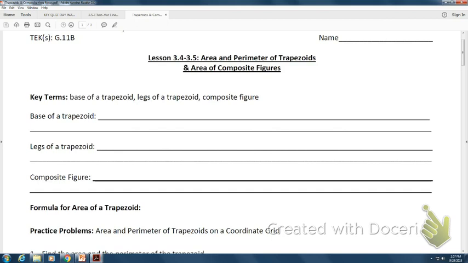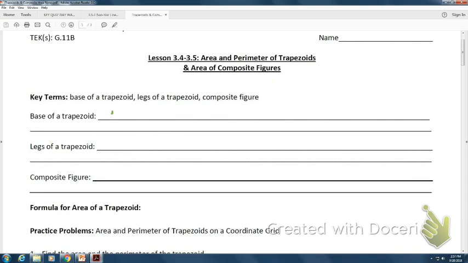Okay, so we're going to label or define these three key terms. I was going to put them on a vocab sheet like we've done in the past, but I felt it was a little redundant to write it twice, so we're just going to write them on here. So a base of a trapezoid, the parallel sides of the trapezoid.